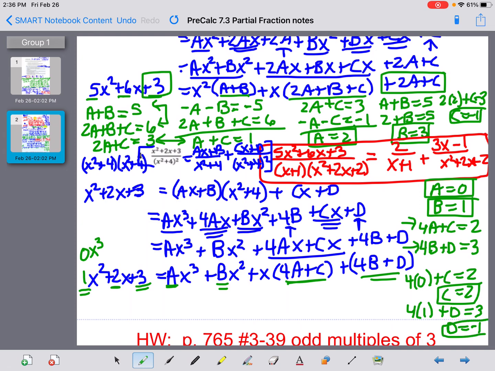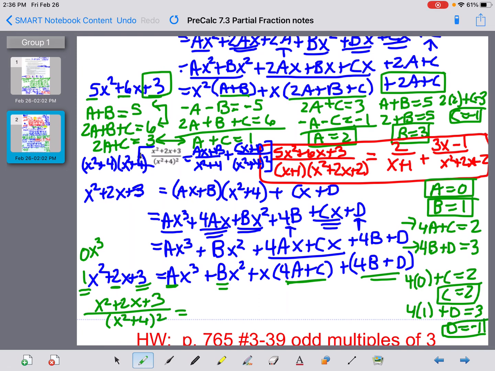Okay, so I have all my variables now, and I'm ready to decompose that top equation. So x squared plus 2x plus 3 over my x squared plus 4 squared equals. Remember that a is 0, which means that x term is gone. There just is nothing.